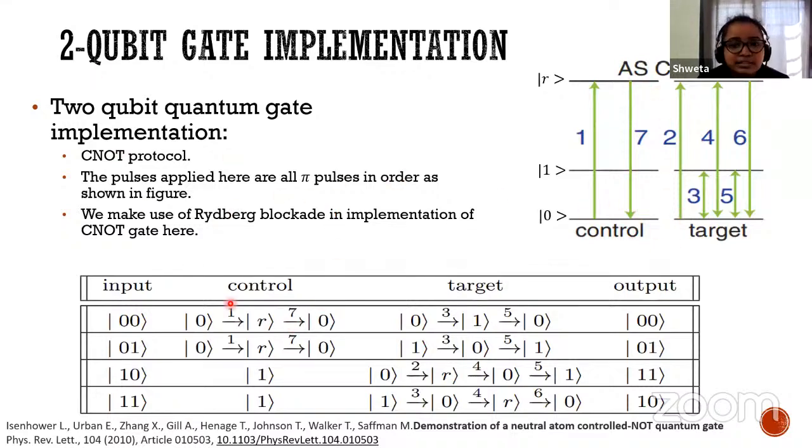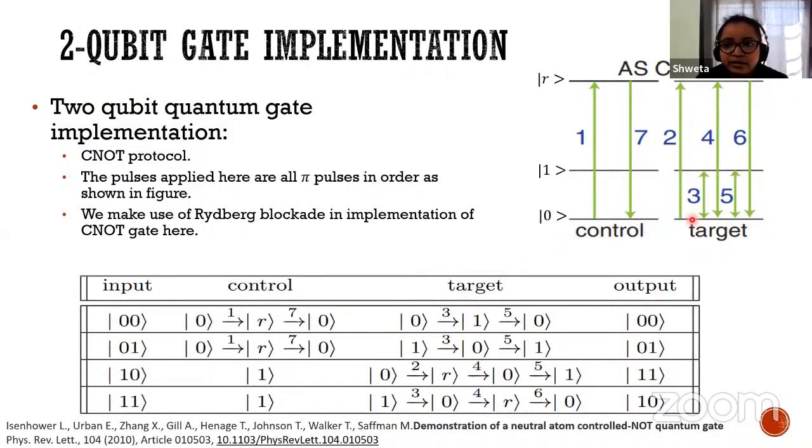So let's take the input states. Let's take both input states in 0, 0 for the control and target atom. The control atom is in the 0 state. When we apply the first pi pulse, it sends the control atom from the 0 state to the Rydberg state, and the atom stays there until we apply some other pulse.